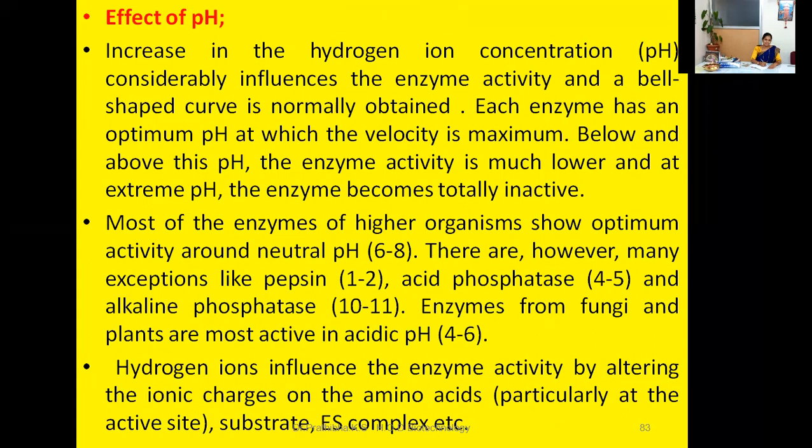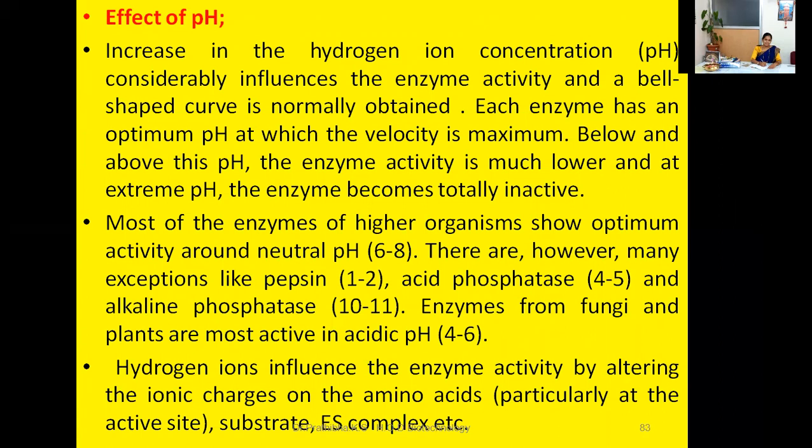Okay, increase in the hydrogen ion concentration, that is pH, considerably influences the enzyme activity, and a bell shaped curve is normally obtained. Each enzyme has an optimum pH at which the velocity is maximum.